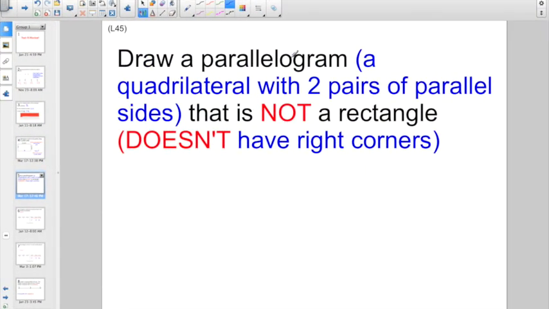Here we have to draw a parallelogram that is not a rectangle. So I gave you a couple of hints here. A parallelogram is a quadrilateral with two pairs of parallel sides. That is not a rectangle, meaning it doesn't have right corners.